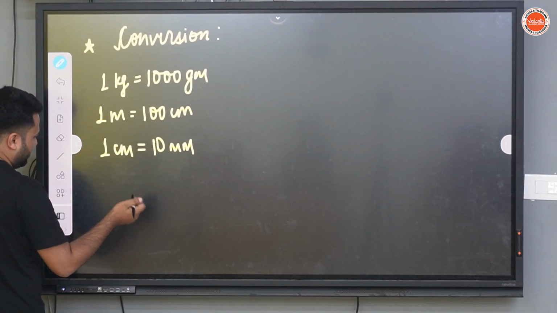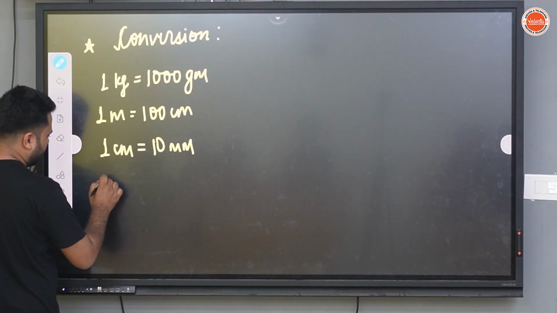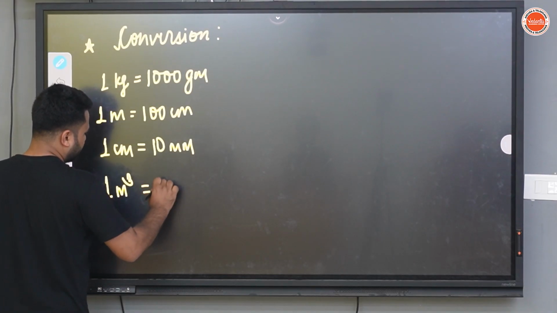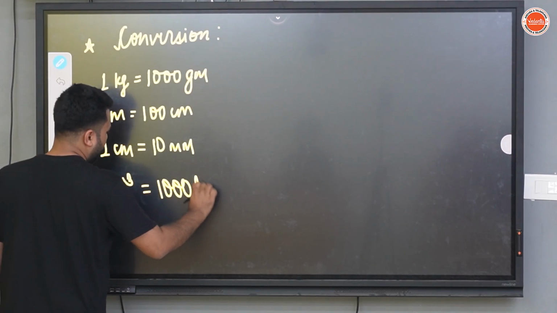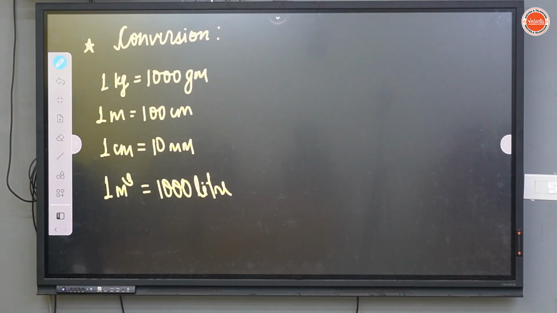Then some others also, like 1 meter cube equals 1000 liter. These things you should understand.